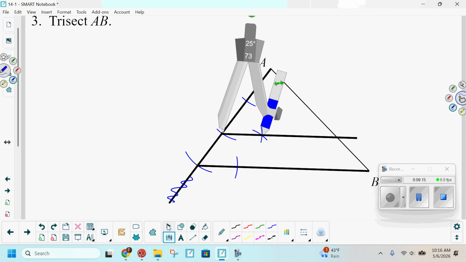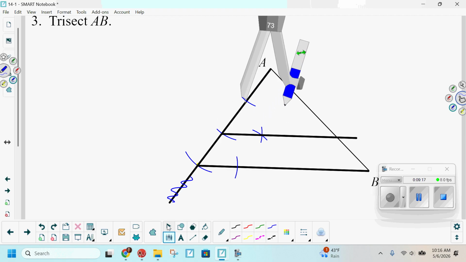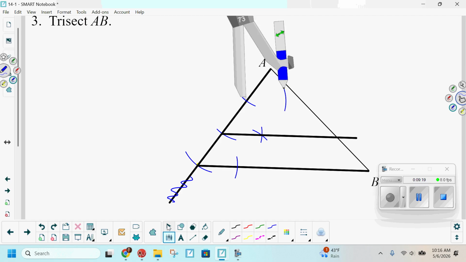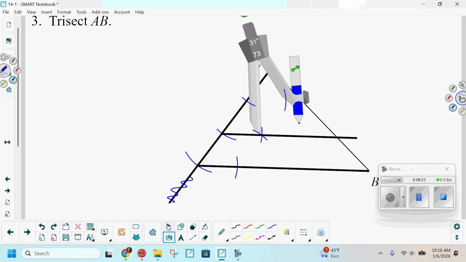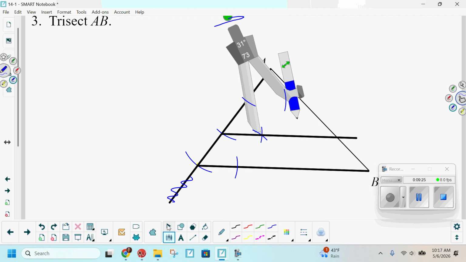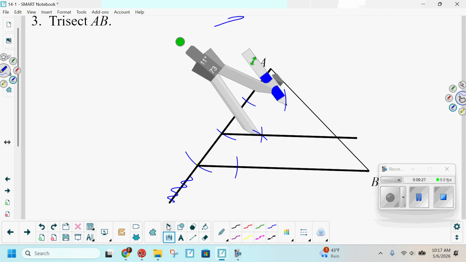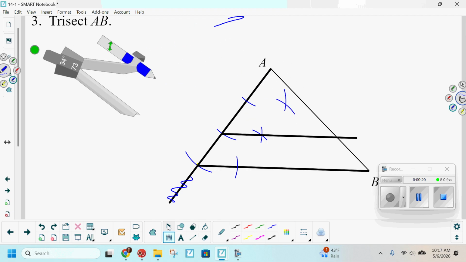So all you have to do is swing at the top and swing on the side. And then connect. So now these should all be congruent. It's easy to mess up a little bit and they don't look perfect, but that's the idea.